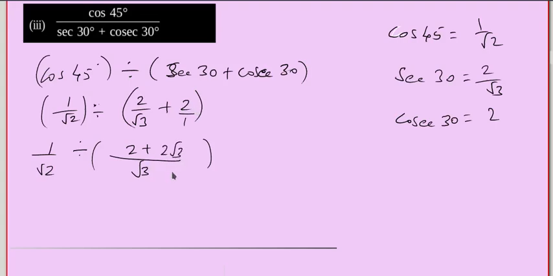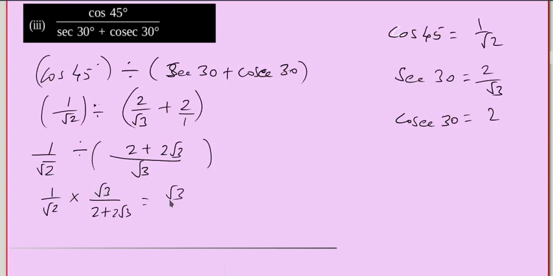Now what we can do? We can write the reciprocal and we can put multiplication symbol here. Okay, so what will happen? 1 by root 2 into root 3 by 2 plus 2 root 3. Okay, so what will happen here? This root 3 shall we write here?